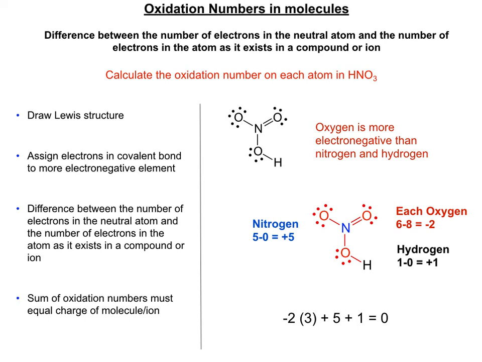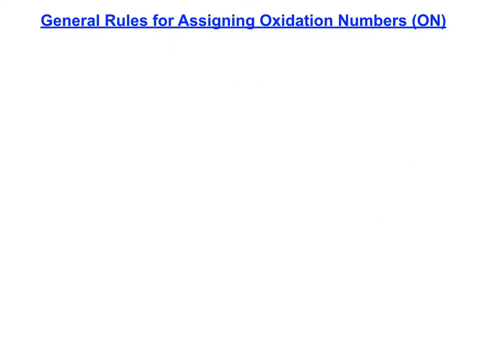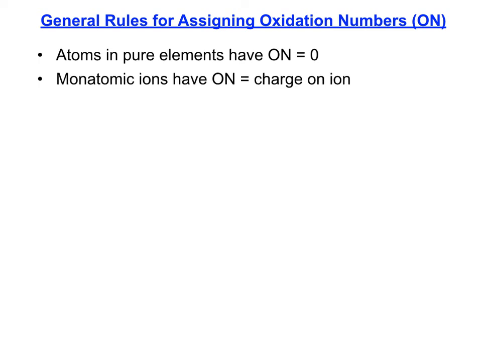So if we do enough of these examples, we can come up with our general rules to help us assign oxidation numbers quickly. And so here are our set of rules. Atoms in the pure elements have an oxidation number of 0. Monatomic ions have an oxidation number that's equal to the charge of that ion.